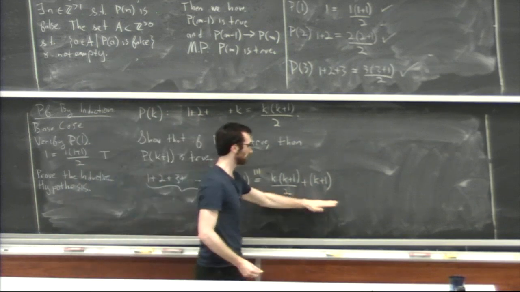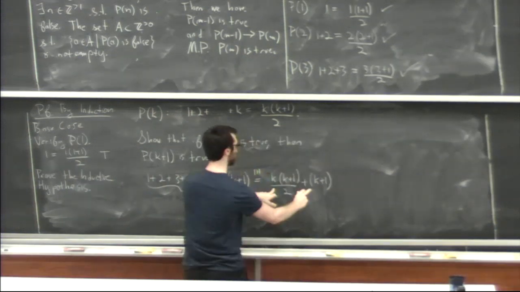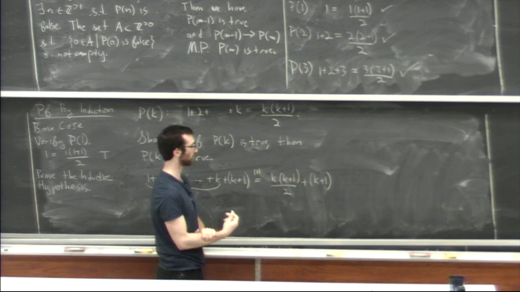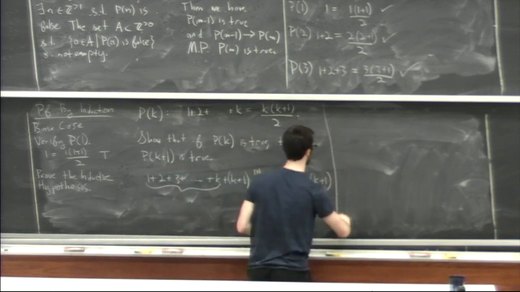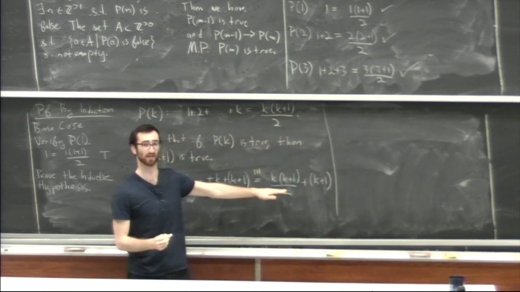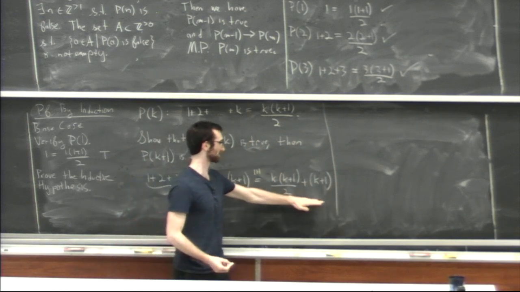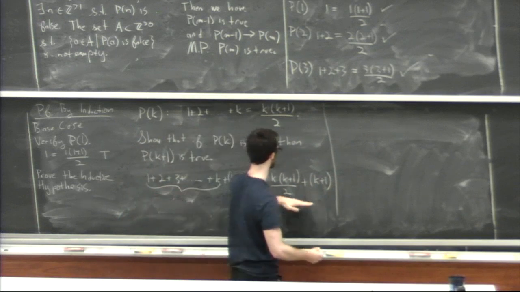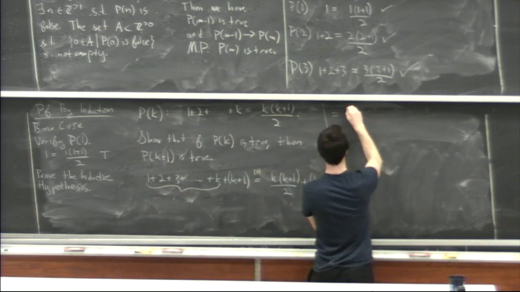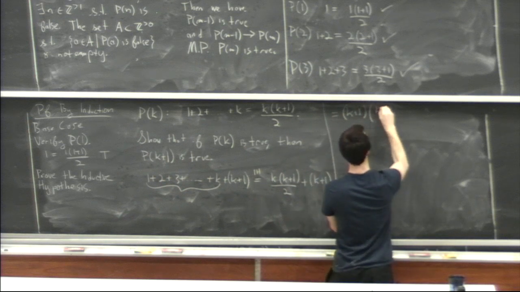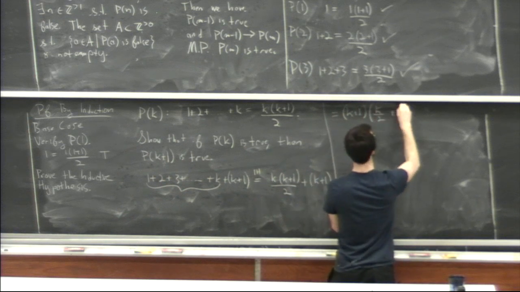And now I'm going to proceed with this expression. And I can just work by manipulating this algebraically. Here I can pull out a k plus 1 factor from both pieces of this. So this whole expression is equal to k plus 1 times k divided by 2 plus 1.